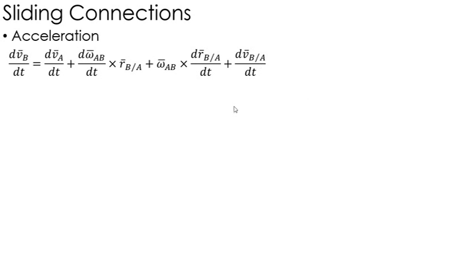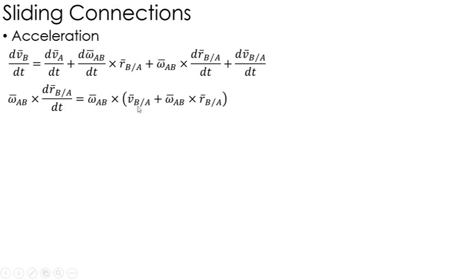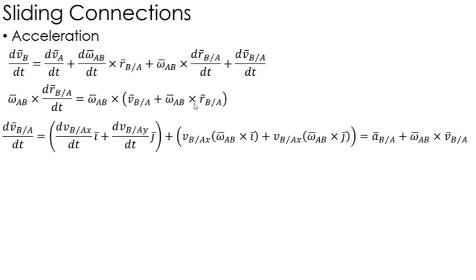First looking at omega cross dr/dt, we already found dr of B with respect to A/dt previously, and that's what I have right here in the parentheses. Again, we got that in the previous slide.